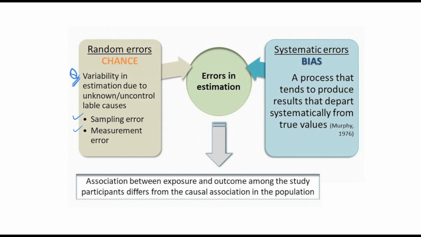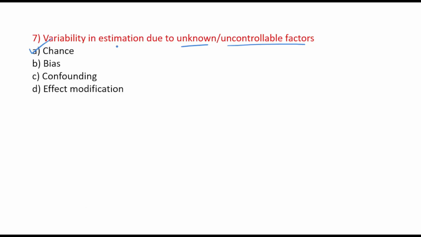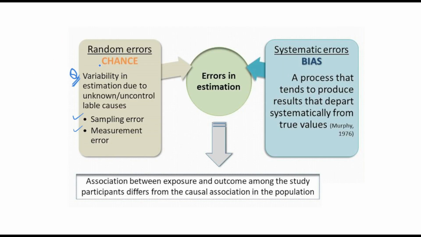But this is the answer for our question. Variability in estimation due to unknown or uncontrollable factors is called as chance. Please remember this point. It comes under random errors. These two were asked separately at other times as questions. So this information given on this paper is supposed to be kept in our mind.